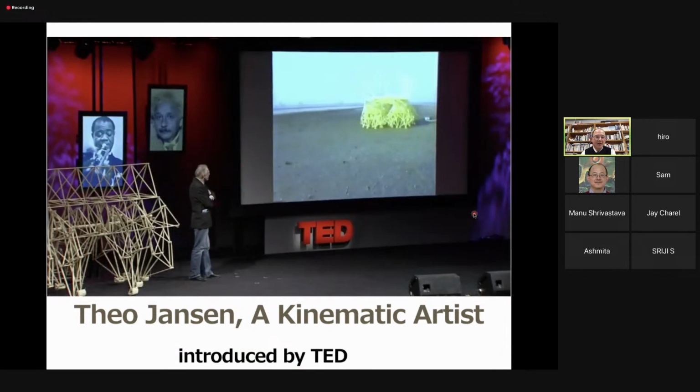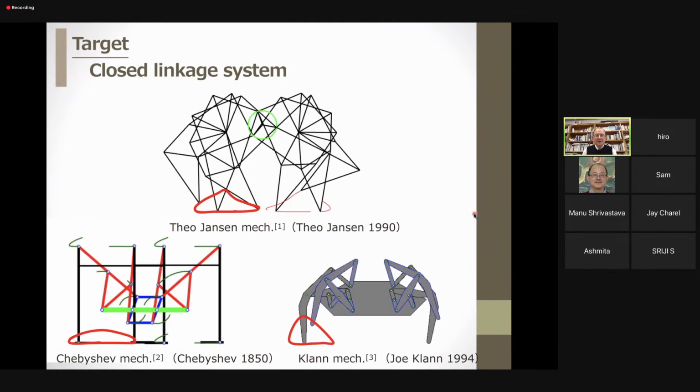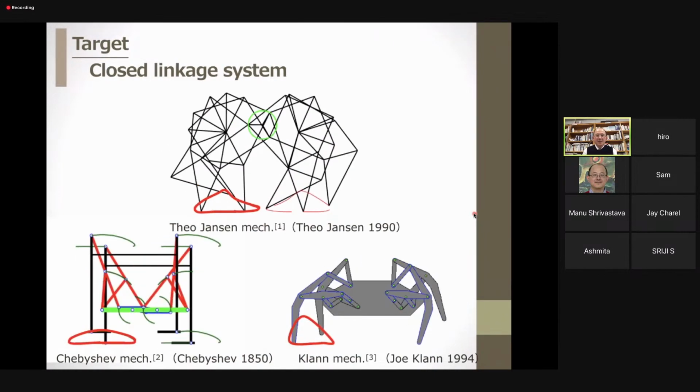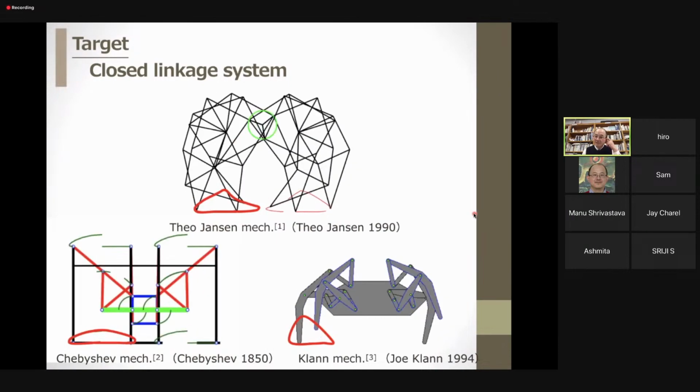So this is Theo Jansen, a kinematic artist. I respect him. I was so surprised to see this mechanism the first time because it is quite similar to the CPG mechanism, in the sense of a machine.